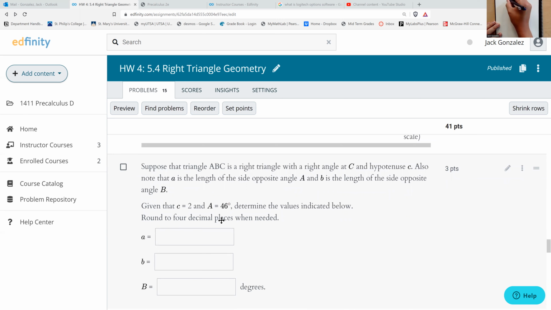Suppose that triangle ABC. So capital letters would be for angles, lowercase for sides.